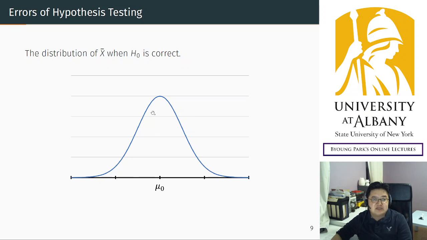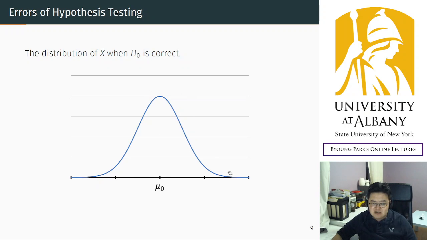Then x bar, the sampling distribution, will be centered around mu 0. So with a very high probability, the sample average will be close to mu 0.